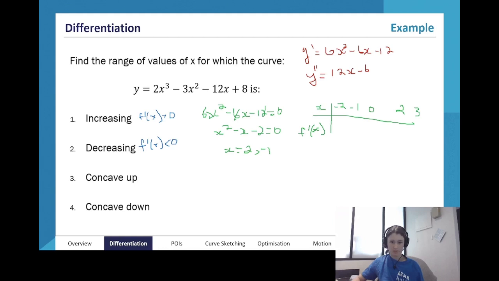Our derivative in this section here is going to be positive. It's going to be 0 here, negative in here, 0 again at 2, and then positive again at 3. So what this tells us is that the function is going to be increasing.